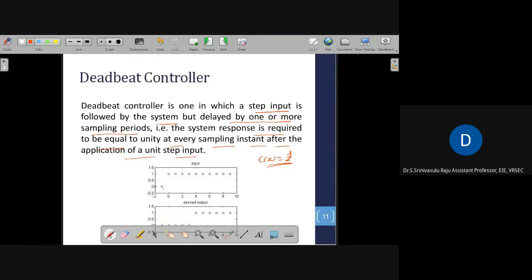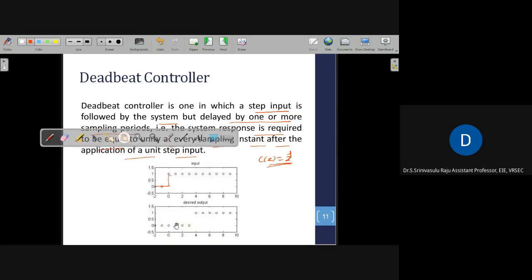Here we apply the unit step input at 0. We have the initial conditions also, because all systems will exhibit initial conditions, so you should consider them. The input varies from 0 to 1 at 0. Now you see the output. The output tracks the input after 4 sampling periods, that is t equal to 4, meaning z to the power minus 4.